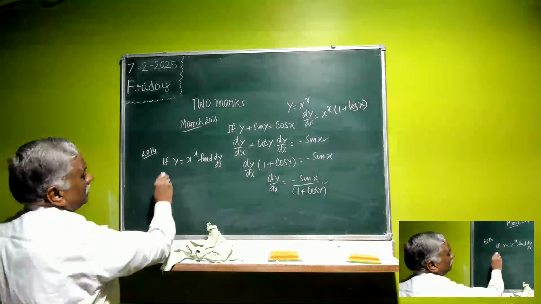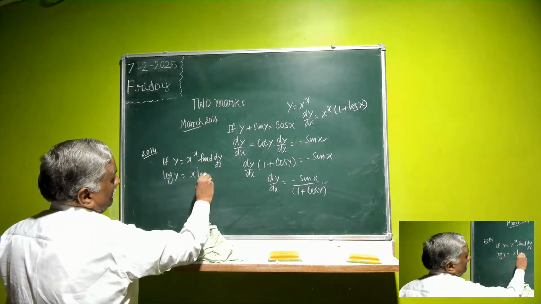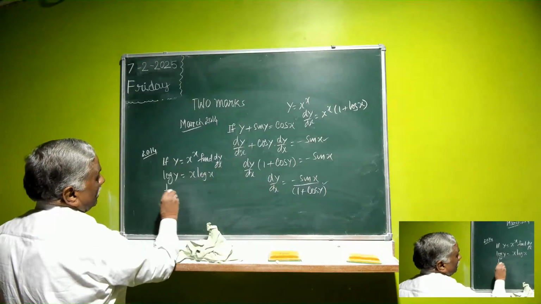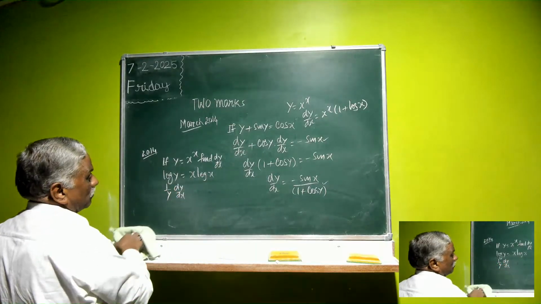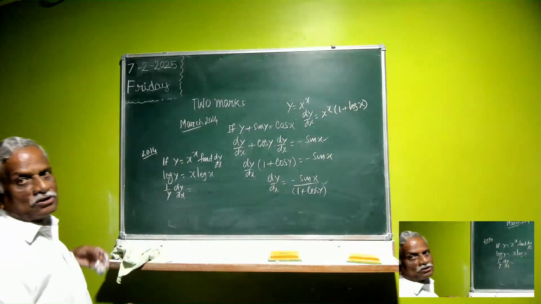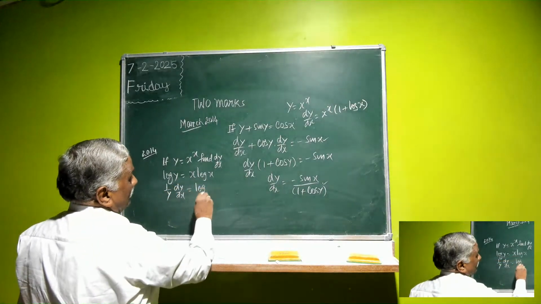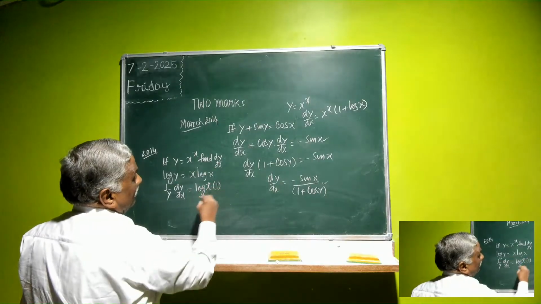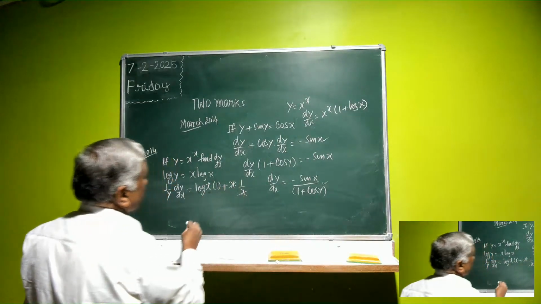So what you can do is take log on both sides. You get log y equals x log x. Differentiate: 1 by y dy by dx is equal to the derivative of x log x. You have got to use the product rule. So keep log x, differentiate x, you get 1. Keep x and differentiate log x, you get 1 by x. These two will cancel.